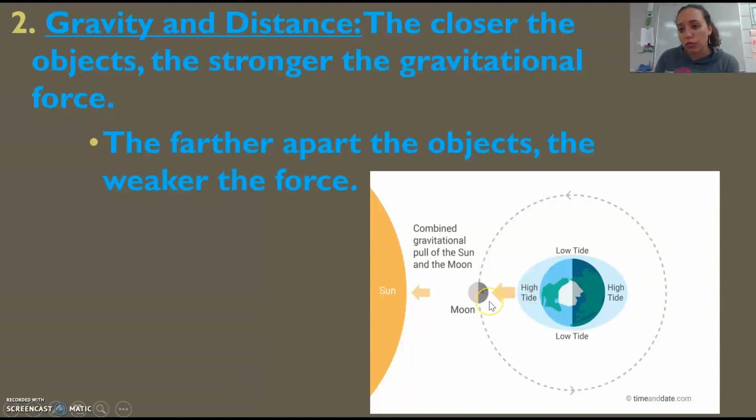Because it's closer. Any object that is closer, the combined gravitational pull of the sun and the moon, so the fact that there's actual added mass because the two are added together, and also the moon is closer between the two. When that occurs, it's going to dictate your tide. So distance also will play a role. The closer you are to an object, especially when you talk about planets, the more gravity that it's going to have.